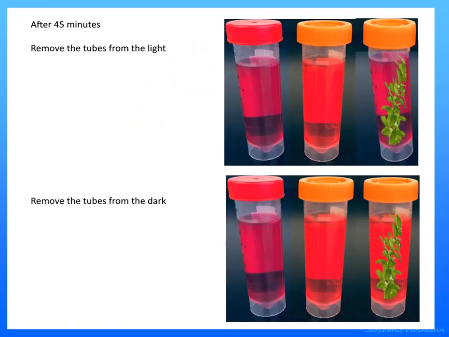So here we are. After 45 minutes, we're going to remove those tubes from the light and from the dark, and we're going to look at them. And what do you see?